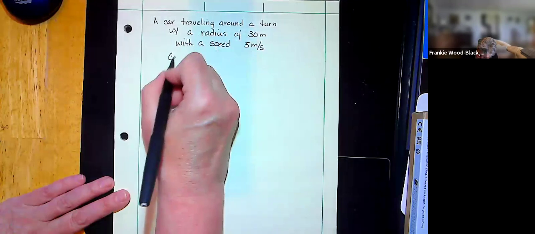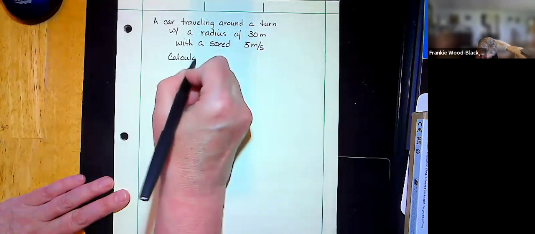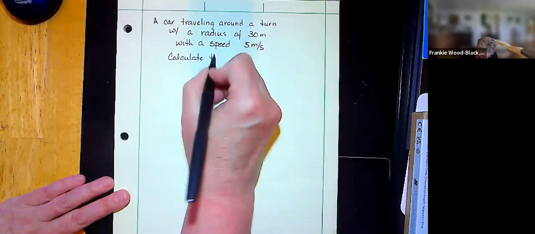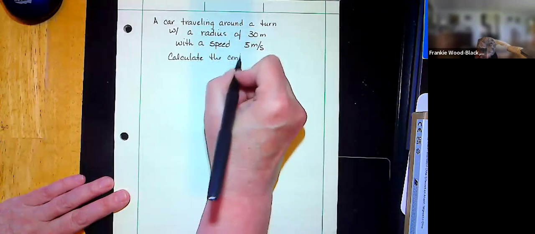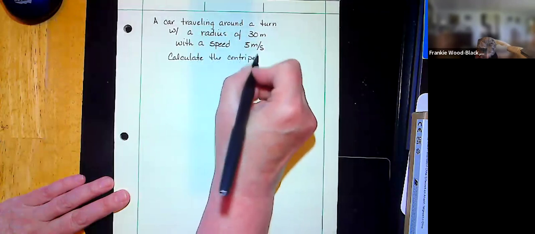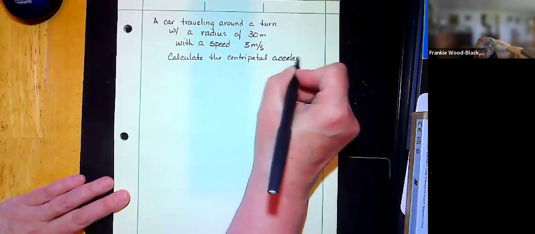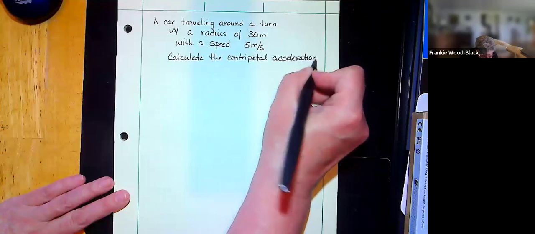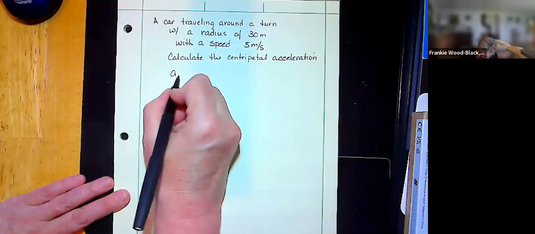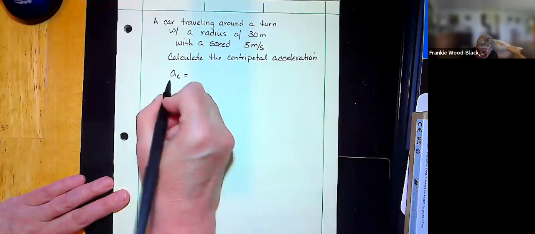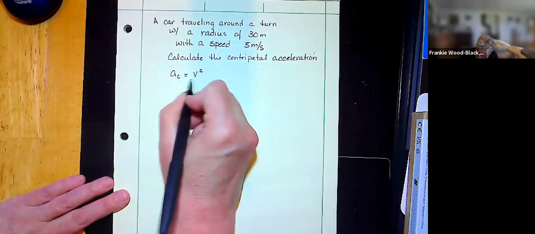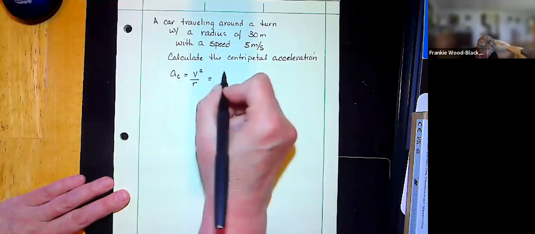We want to calculate the centripetal acceleration. So our centripetal acceleration is going to be a_c = v squared over r.